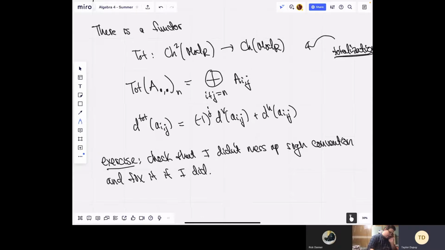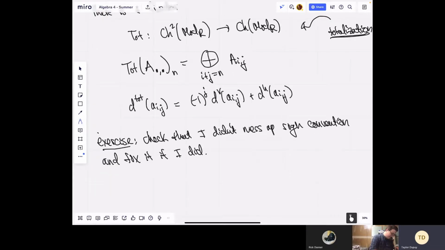I think this is correct, but you just need to check that d squared is equal to 0. And note that this is just on one component. Really, you're going to have a bunch of pieces that you put together.